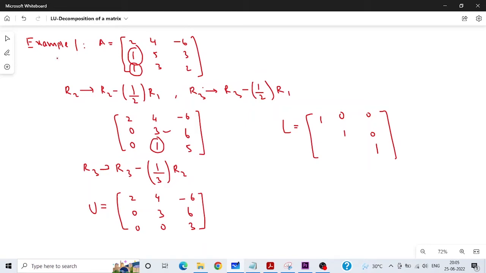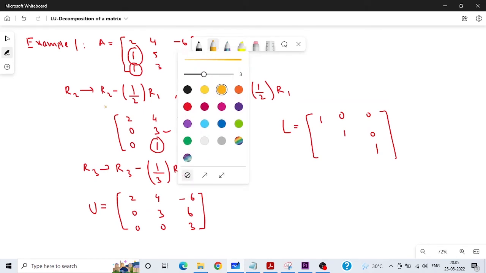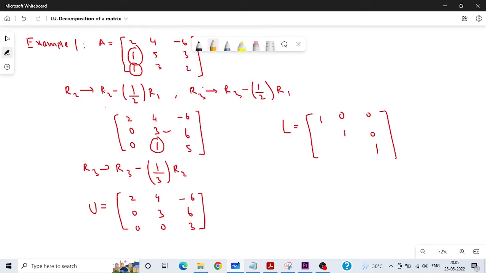Now the first operation we have used means R2 changes to R2 minus 1 by 2 R1 to make this entry 0. So at this place you write the coefficient of R1, whatever is written in the bracket, which is 1 by 2. So here it will be 1 by 2.